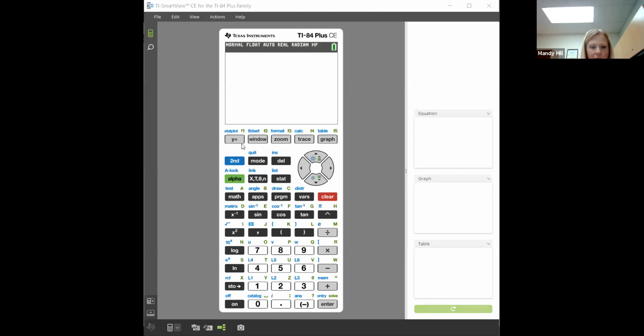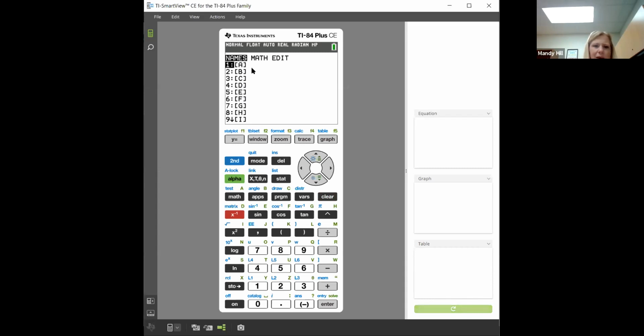If you look in the first column, under alpha, under math, right below math, it says matrix on top of the x raised to the -1 button. That's what we want. We want the matrix menu to come up. When you want one of these blue things to come up, you always want to start with the second button. And here are the names for our matrices. So we could put in a lot of different matrices.